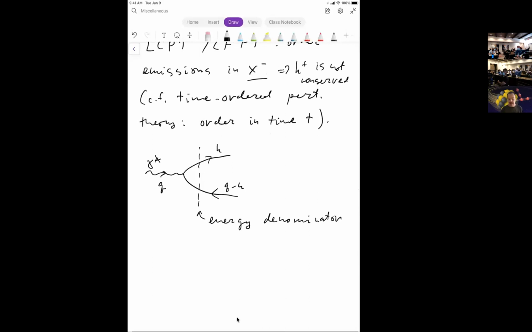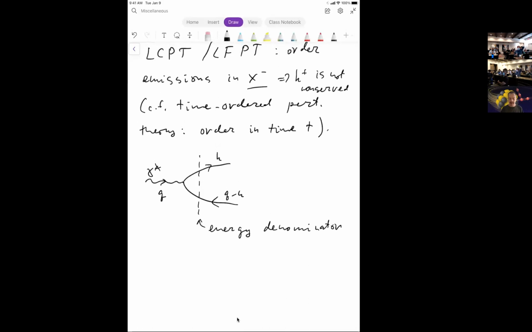The plus momenta are not conserved, so the energy denominator takes the energy of the incoming virtual photon, which is q squared over q minus, and subtracts the energies. By energies, I mean plus momenta of the quark. Let's assume that the quark and the anti-quark are massless for simplicity.